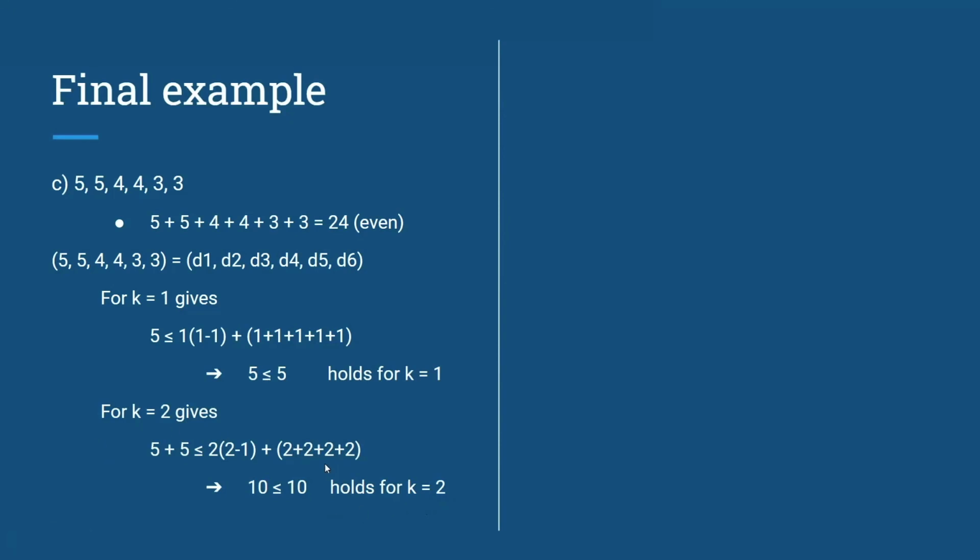The 2 is plugged in for the minimum of di and k here, which represents the minimum value, and the minimum value of di and k is 2 right here. Moving on to k equals 3, 4 and 5, we will see in the next steps that the minimum value for these will be 3, hence 3 will be plugged in instead.